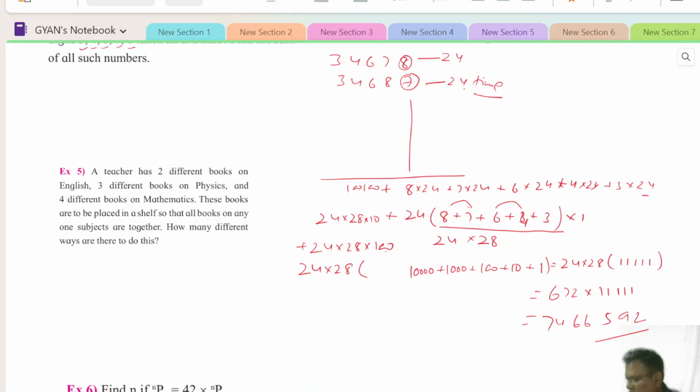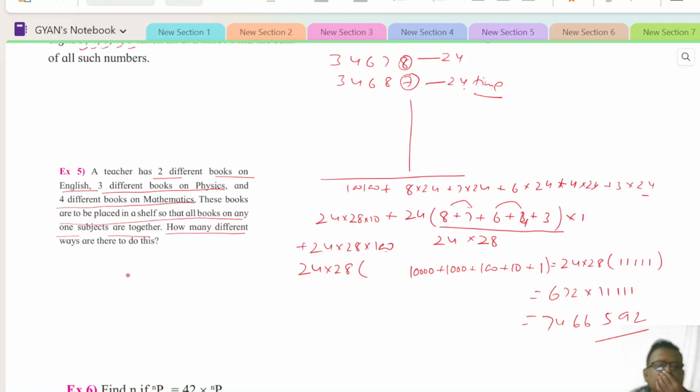So this is a very interesting question that you must know. Now a teacher has two different books on English, three different books on physics, and four different books on mathematics. These books are placed on a shelf so that all the books of one subject are together.